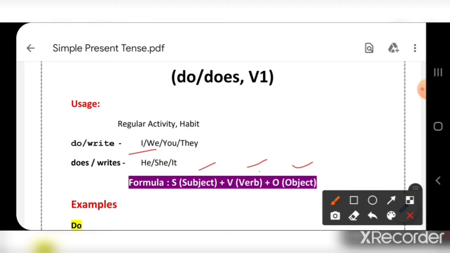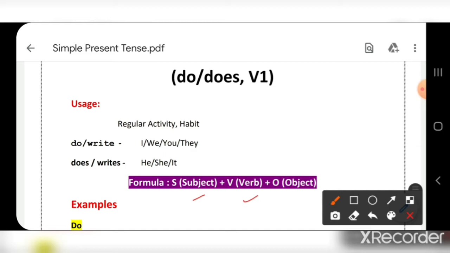Okay, now next one is he, she, it. We will use this subject he. So subject would be he, verb would be learns. Okay, learn is a regular activity. That means I'm talking about the third person. Okay, if I want to tell that he learns, that means learning English is his activity, regular activity.